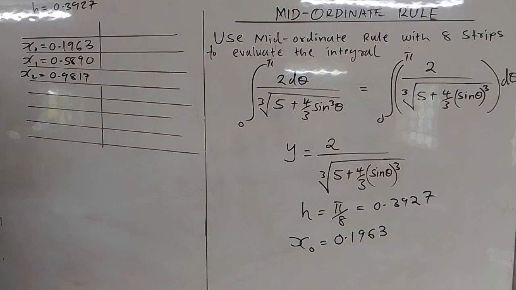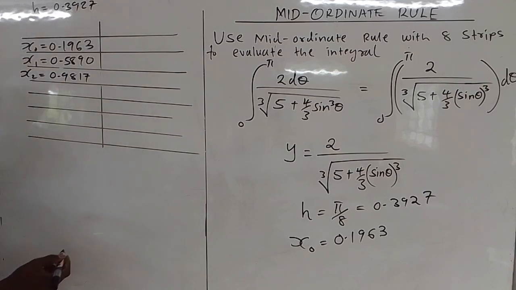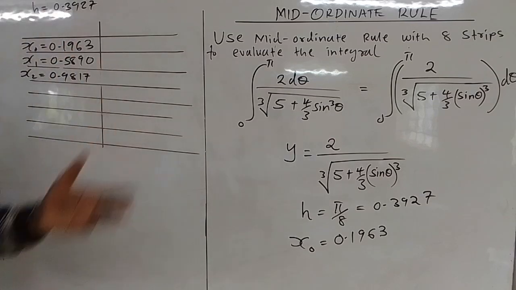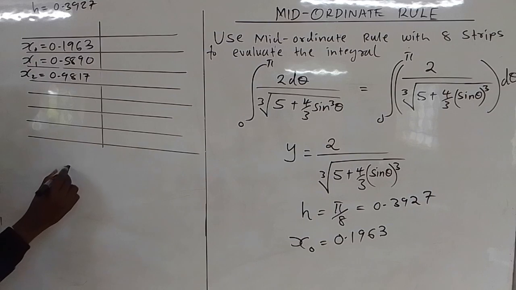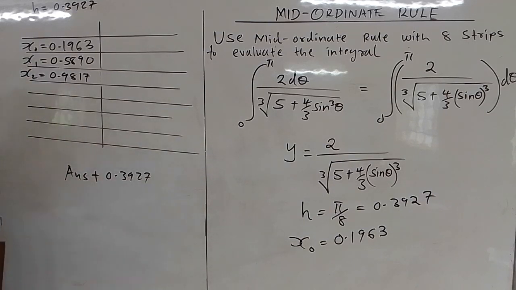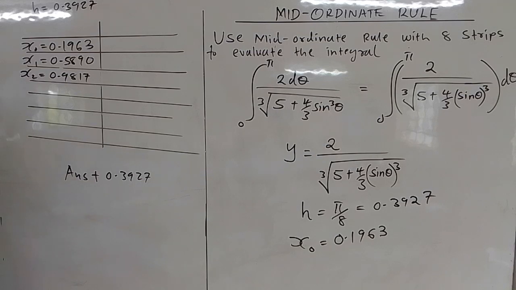0.9817. In other words, what are you doing? You feed x0 as the answer. If you feed x0 as the answer, it will be answer plus 0.3927, because this is now the same for all of them. So the moment you continue pressing the equal sign, it will give you those values. Are we together? Good.